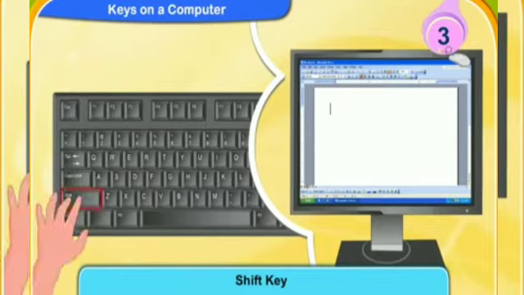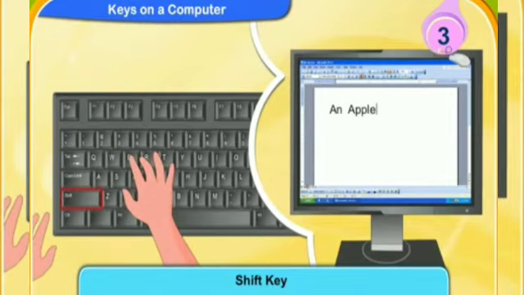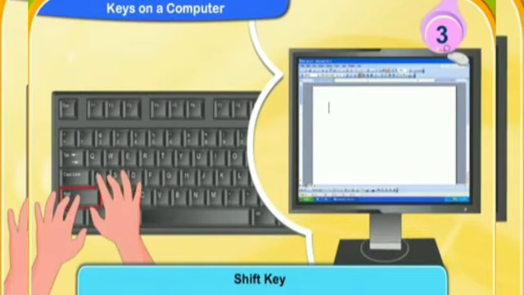Now children, the shift key is also used to type in capital letters. If you press the shift key and an alphabet key together, the alphabet is typed in capital letter. So children, the shift key is a better option than the caps lock key if you wish to type only a single capital letter in the beginning of a word.